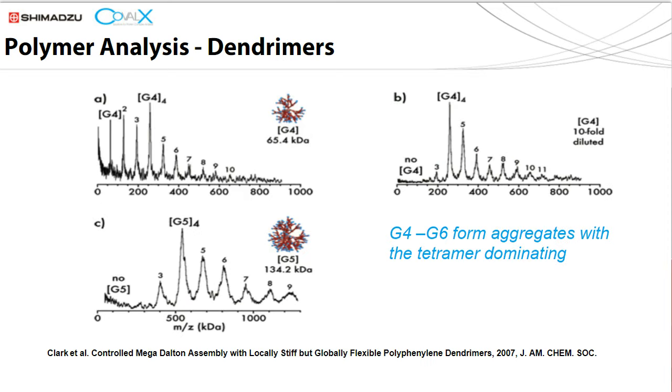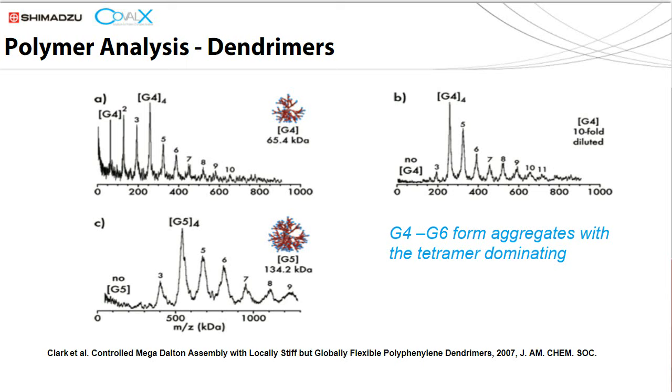So you can see for the G4, we see peaks of these dendrimers centered around 65 kilodaltons for the monomer, but it's actually forming a tetramer out above 200 kilodaltons, with peaks extending beyond 500 or 600 kilodaltons.